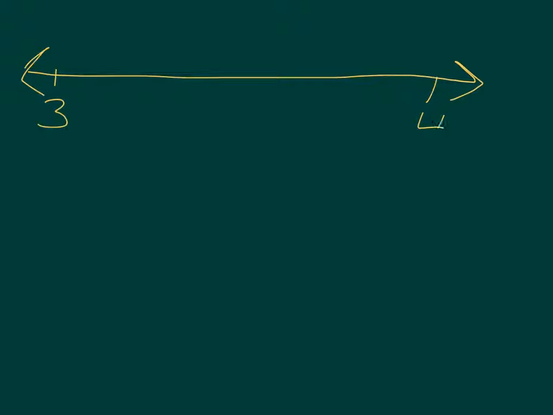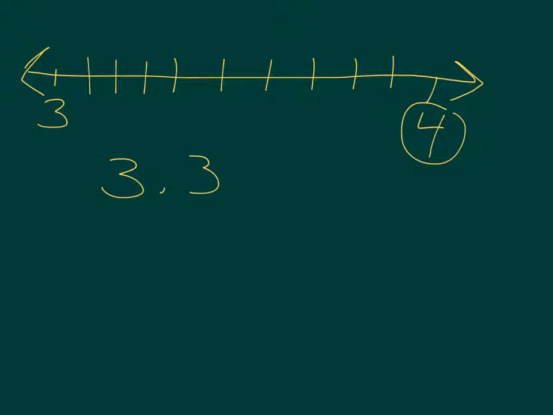Just as if we were on the number line. Let's look and see how this works out. Back on the number line, we started with 3 and 4, and I divided all the space between 3 and 4 into 10 pieces. So 1, 2, 3, 4, 5, 6, 7, 8, 9, and the 4 is the next tenth piece. Let's say we have a number that is 3 and 3/10, and I want to round this to the nearest whole number.